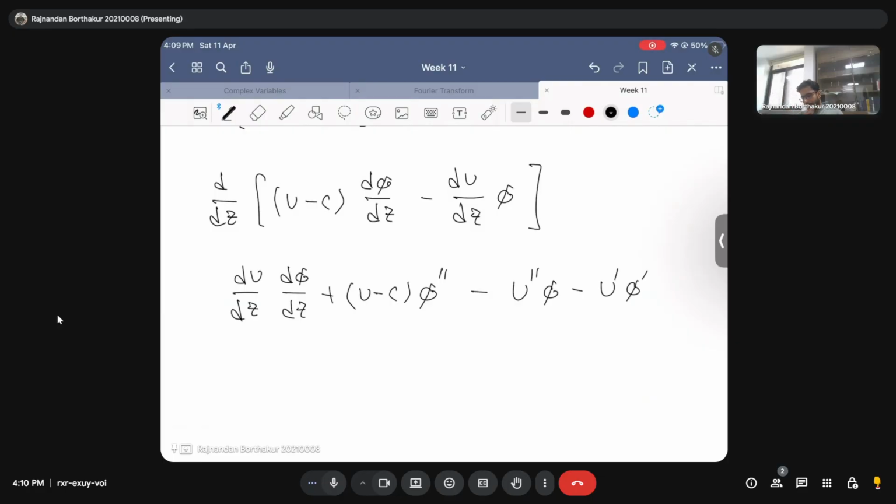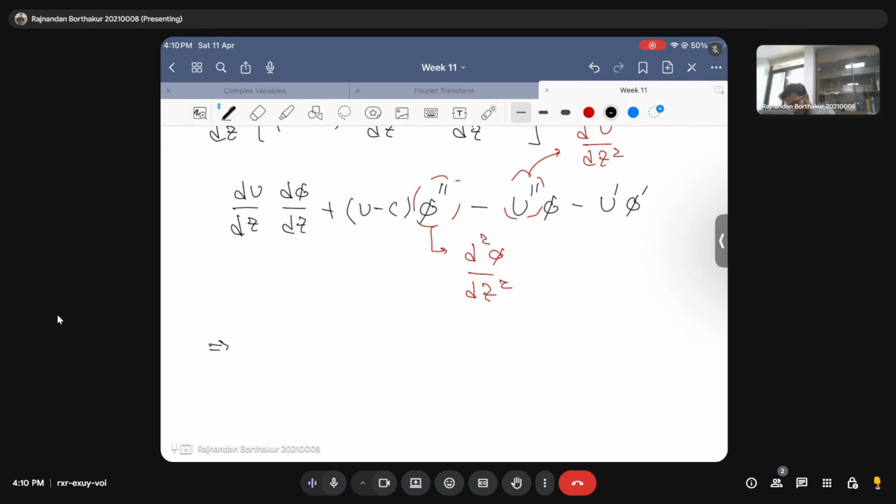Here u double prime is d2 of capital U, the base flow, by dz squared, and single derivatives are just the single derivative with respect to z.